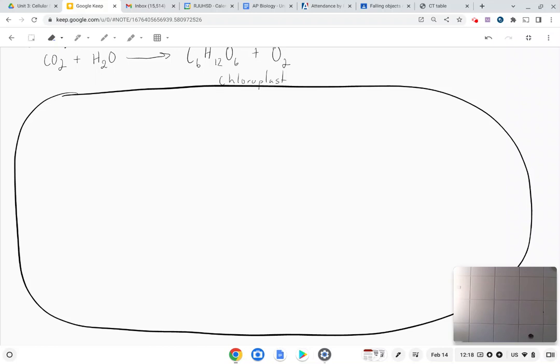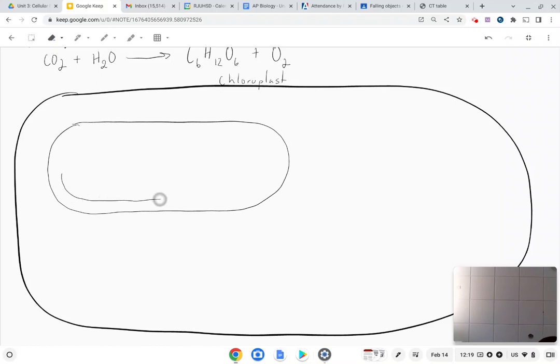Okay, now within the chloroplast is, I don't know if you remember, it looked like a stack of coins. It was called a thylakoid. We're going to take a look at one of those thylakoids. And it's going to look kind of like this. So think of it as like a hollow disc.